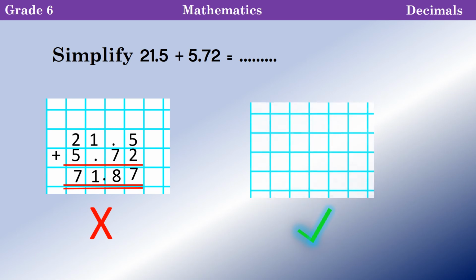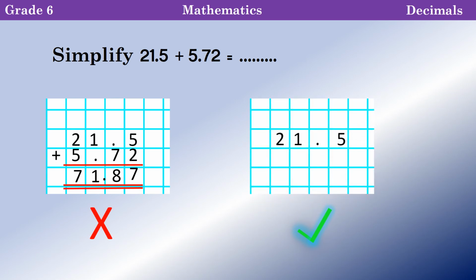And the next student added those two decimal numbers correctly. That is, he wrote 21.5 in this way and then he wrote 5.72 in this way. Now you can see that the second student has written all the place values at the correct positions of the two decimal numbers.